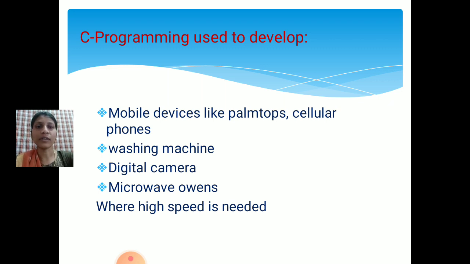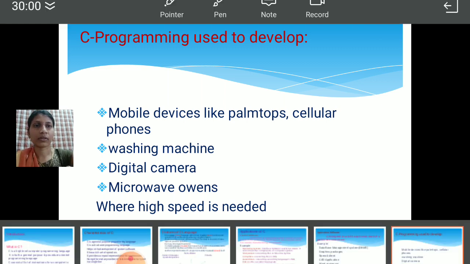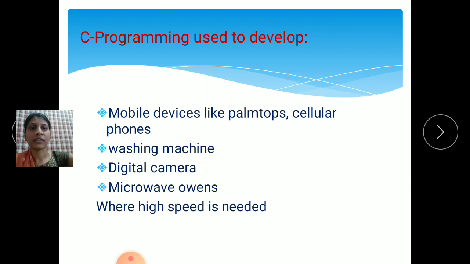See the following. Here we are using the C programming language for developing these types of programs in machines. The first one is mobile devices like cellular phones, for repairing the phones or whatever applications you are using in your mobile phones.